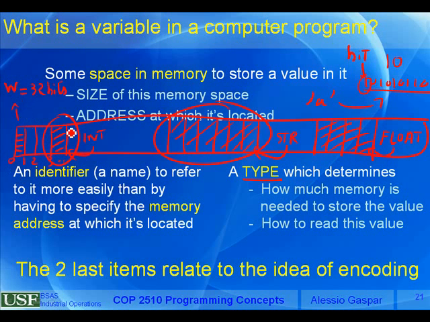So maybe when you talk about this particular int here, from an internal point of view, the computer is going to think of one word of data, that's the size of my variable, located at address 3.